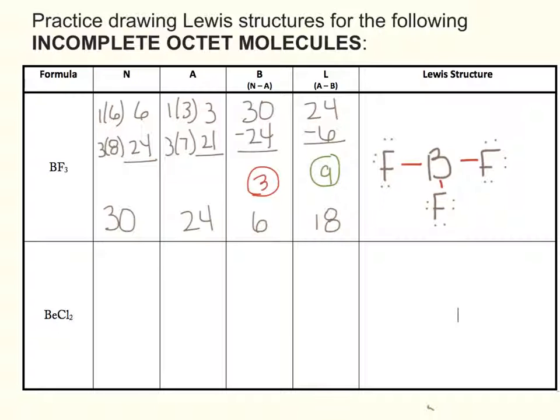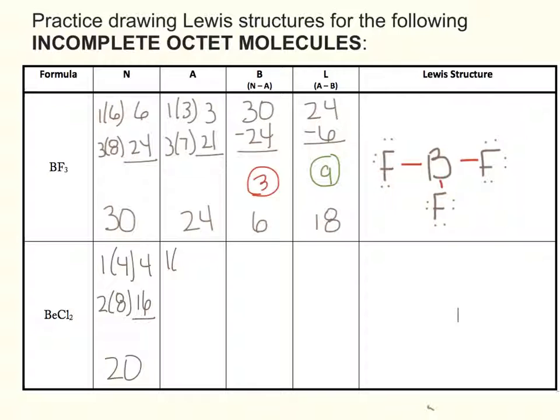Let's look at beryllium dichloride. We have 1 Be, and that is also an exception, only needs 4 electrons. There are 2 chlorines that need 8, so we get 20 needed.